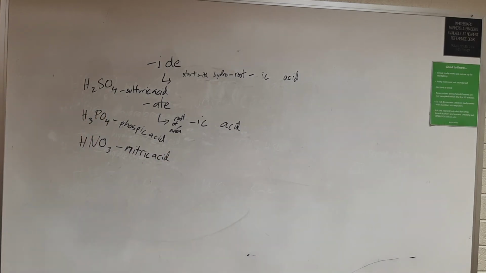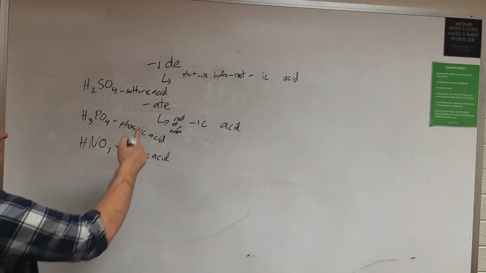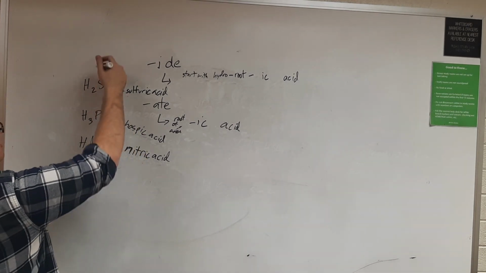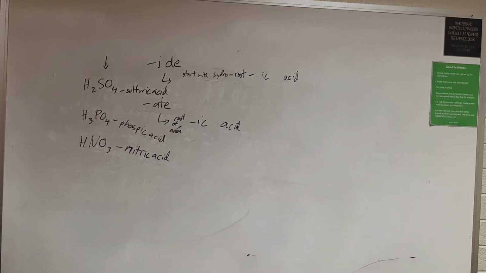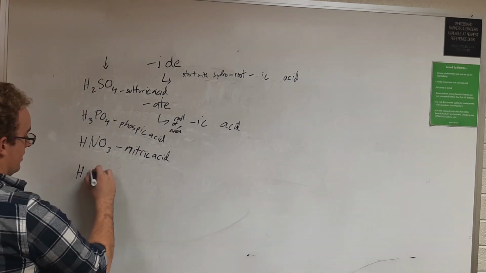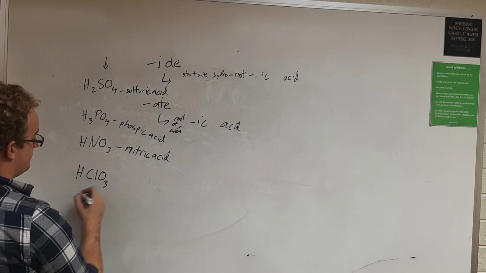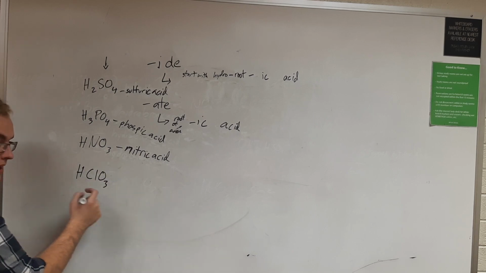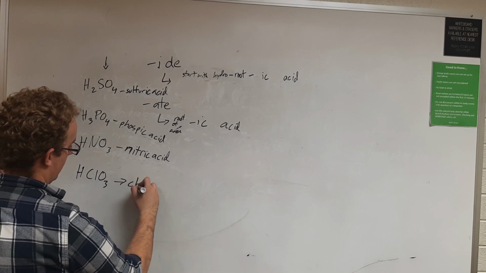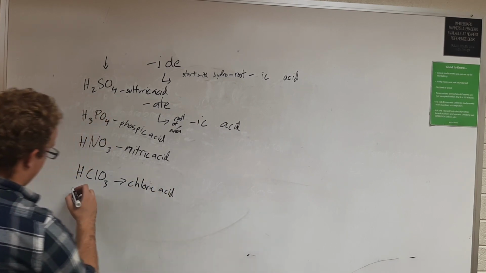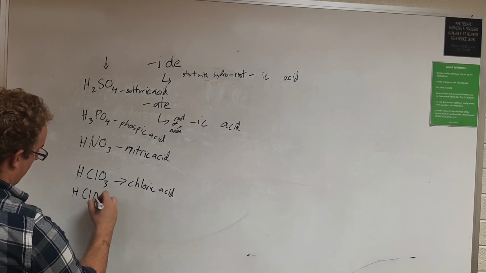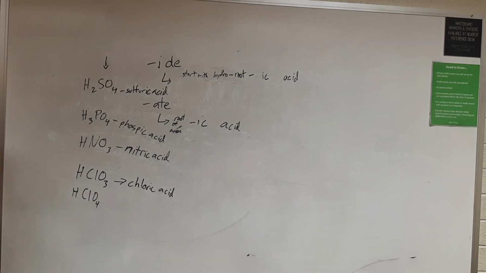Now there might be some slight changes to this. Let's look at this right here. I think that's chlorate, right? You just call this chloric acid. But now, if we had this instead, ClO4, the name of this is perchlorate, right?